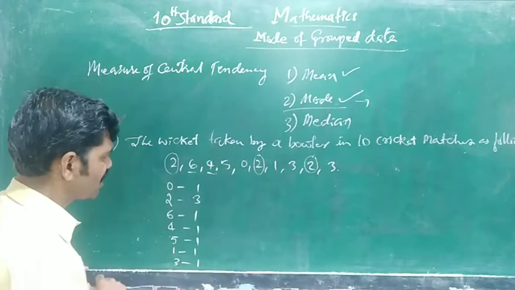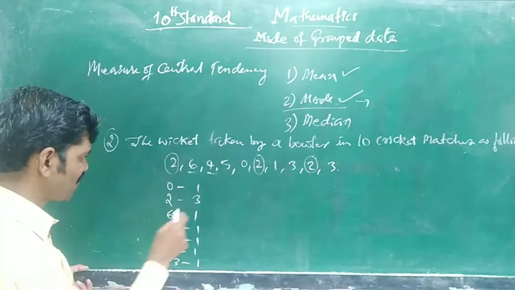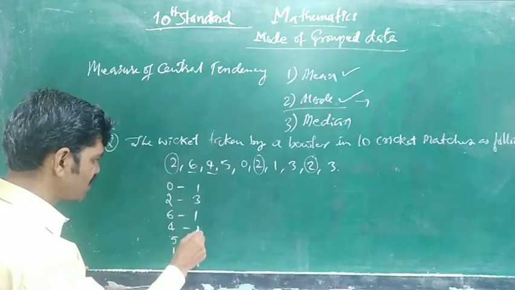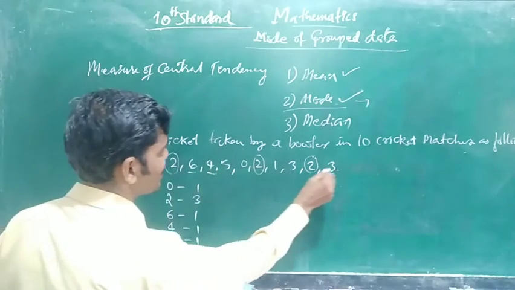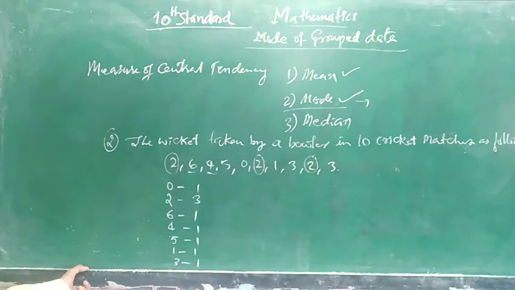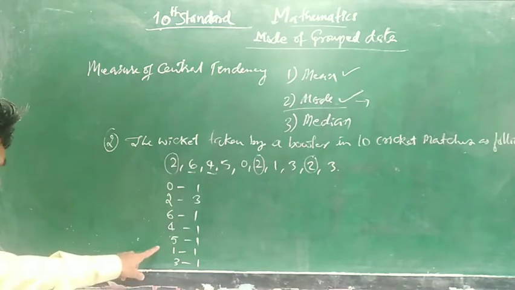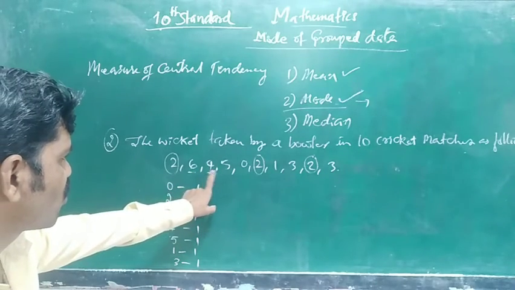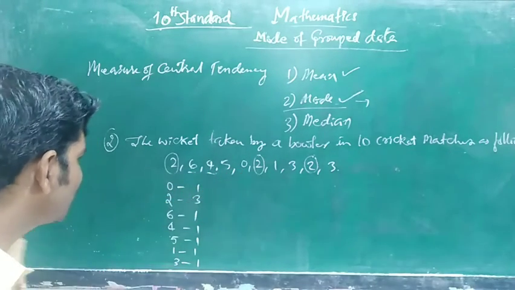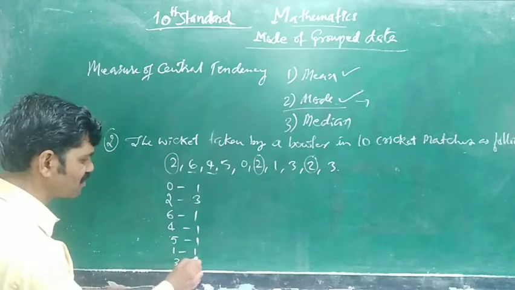There is no 7, there is no 8 and 9. Where is the one number which is missing? 3 repeated 2 times.